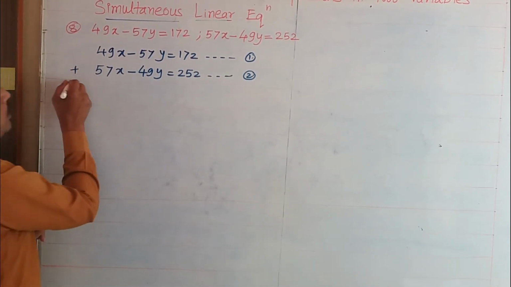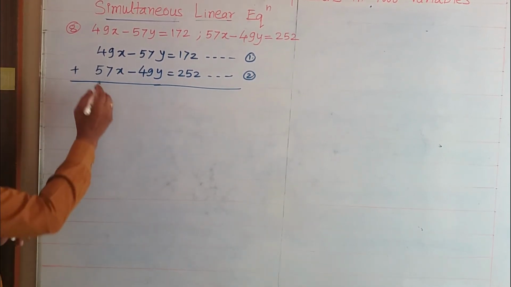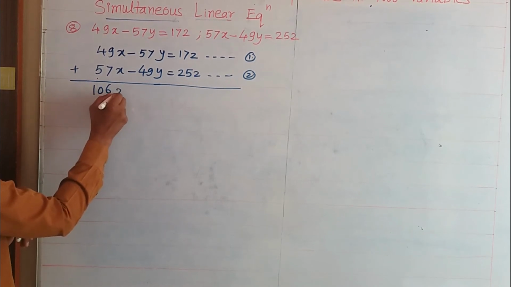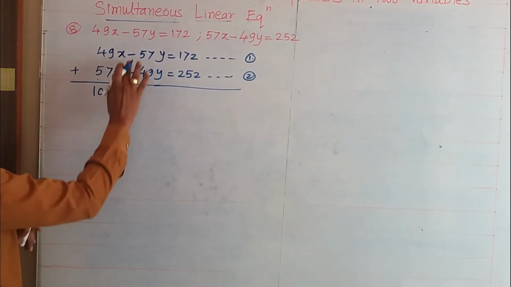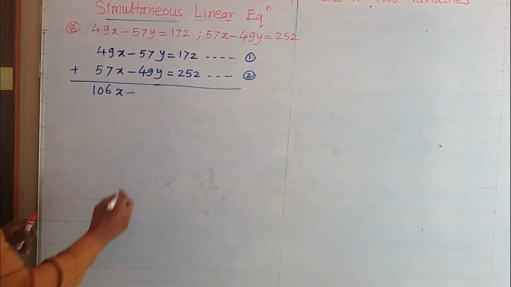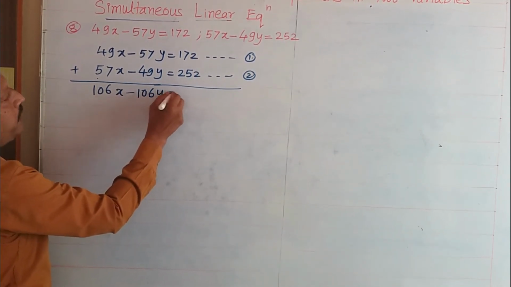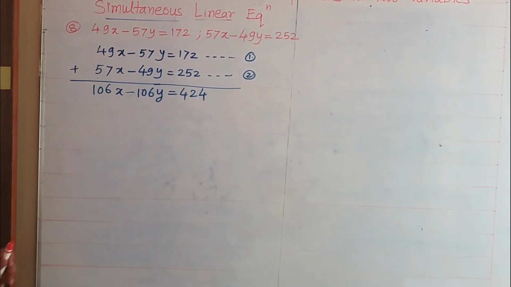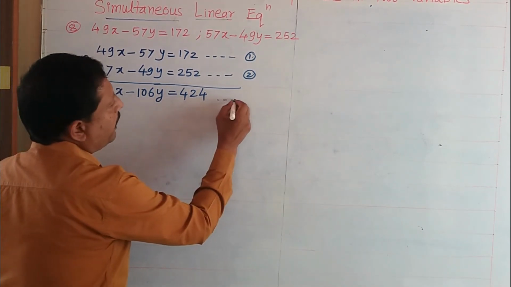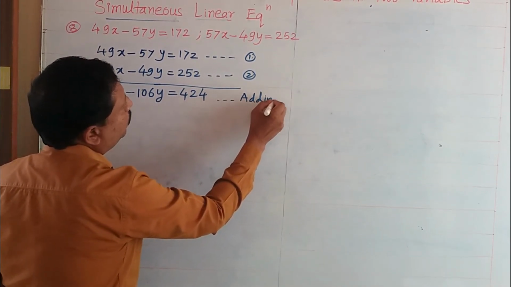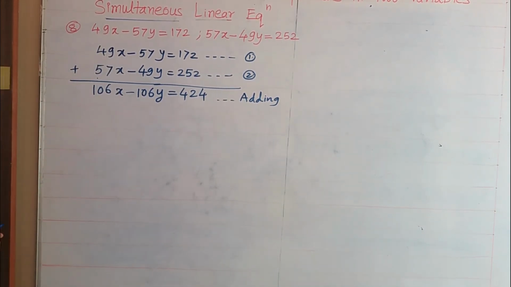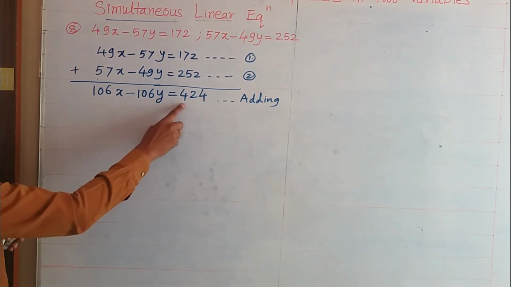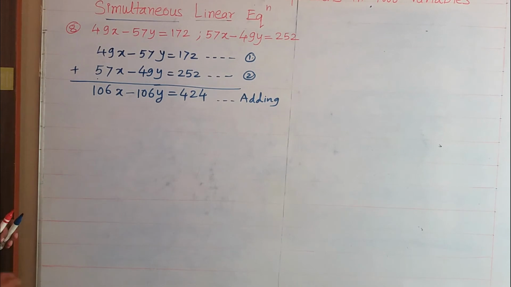So first add these two equations. By adding we get 49 plus 57, that is 106x, minus 57y minus 49y is minus 106y, is equal to 172 plus 252, that is 424. Now 106 and 424 are multiples of 106.